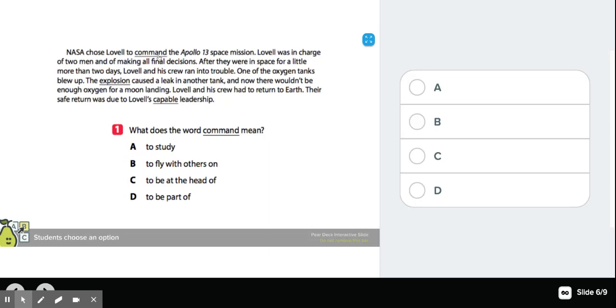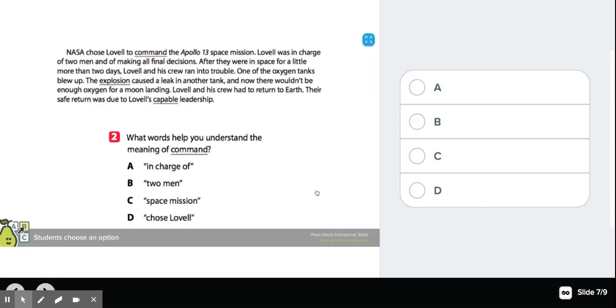So the context clue here is in charge. Lovell was chosen to command or be in charge of the Apollo 13 space mission. So what does command mean? To study, to fly with others on, to be at the head of, or to be part of. If you were in charge or leading somebody, then you were at the head of something. So the answer is C.